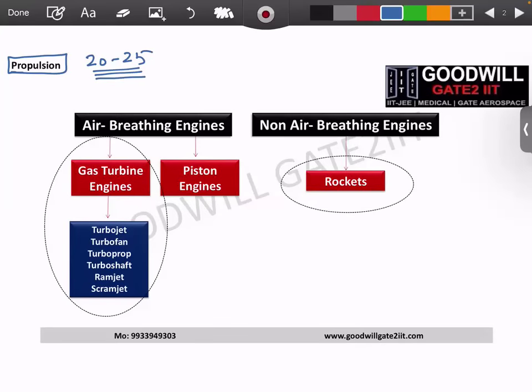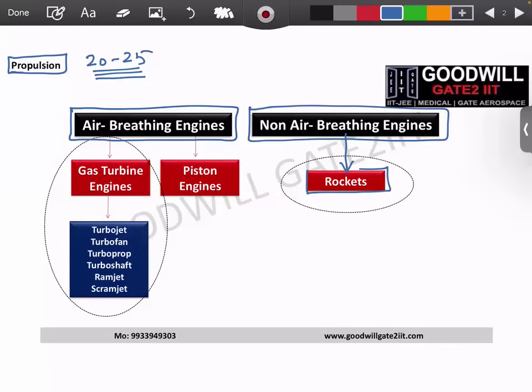Now, in propulsion, you have 2 specific units. One is air breathing engines and one is non-air breathing engines. When we say non-air breathing engines, you will discuss everything about rocket propulsion here. So this is a separate unit.